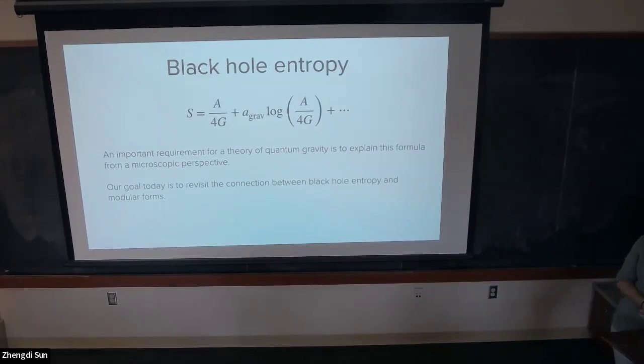To do that, we will use the connection between black hole entropy and modular forms. In that setup, we will be able to give a precise microscopic interpretation of that number. In the process, we will also learn about the microscopic description and precisely which are the states that go into this number.